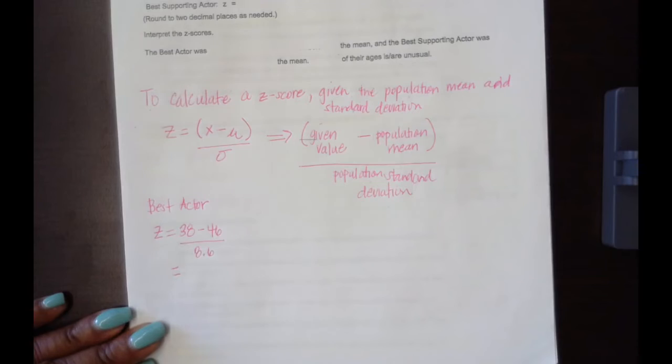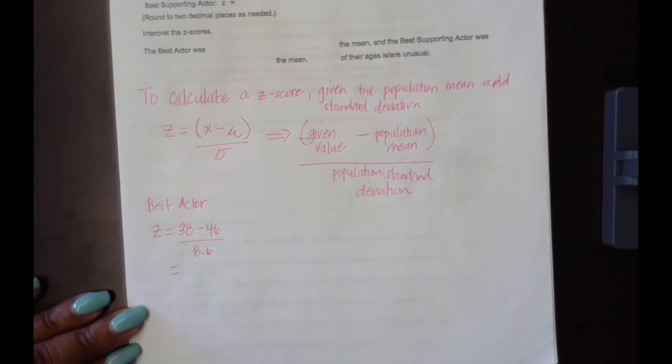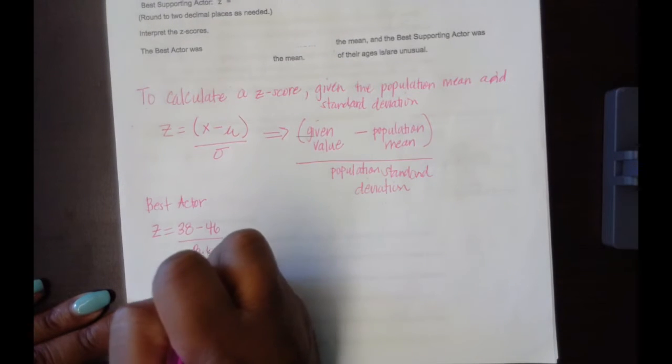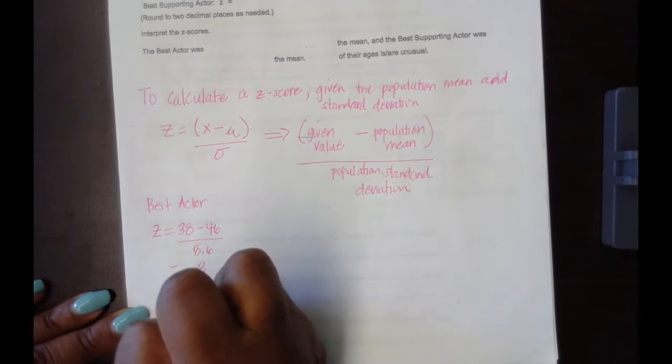So 38 minus 46 is negative 8, divided by 8.6.